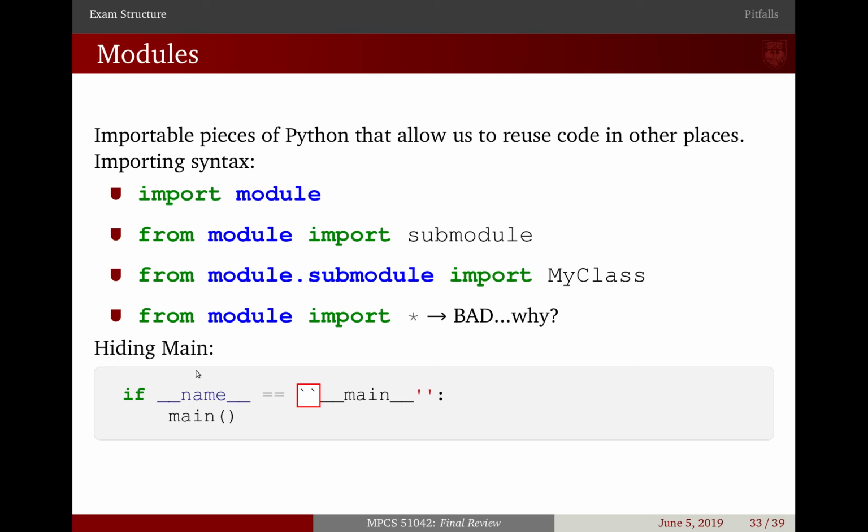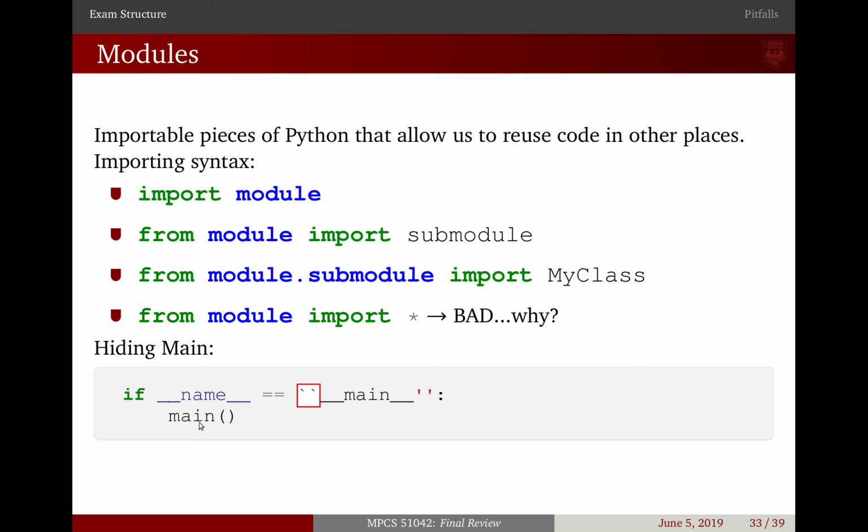Another nice thing to know is how to hide specific functionality when you're importing. This syntax here tells us if we're executing the current file as a script, so essentially calling python filename from the command line, it's going to act like a script or an executable to Python, and then it will run whatever's underneath this conditional, this if statement.